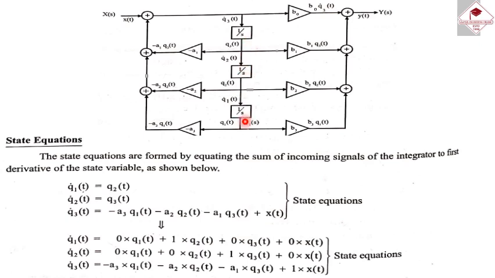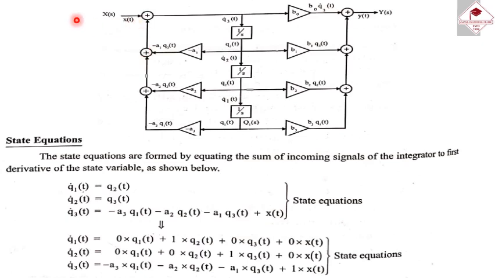The first derivative is denoted by q1 dot of t, that is the derivative of q2. Then q2 dot of t is the derivative of q3, and q3 dot of t is the combination of these terms, that means minus a3 q1(t), minus a2 q2(t), and minus a1 q3(t).